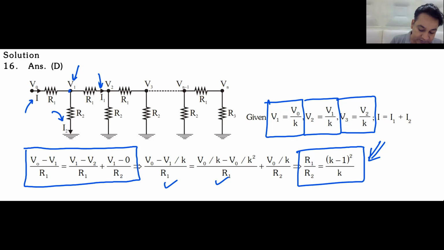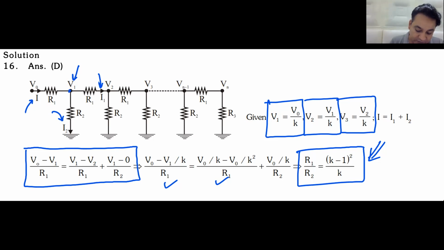You see this current I, this current I1 and this current I2. I will be equal to I1 plus I2. I've applied the junction law at this point. Yes or no? Do you understand this? Now, the potential of this point is V0. The potential of this point is V1.